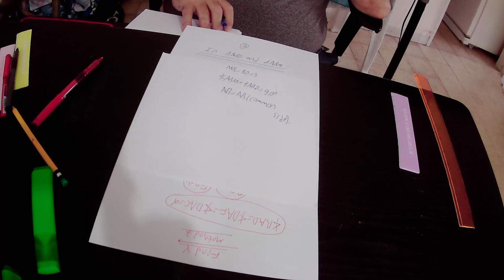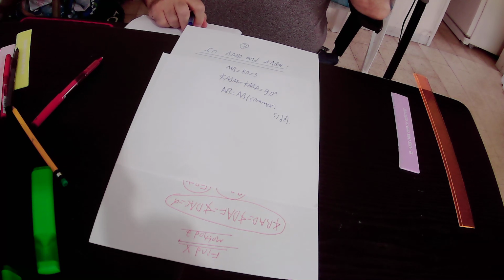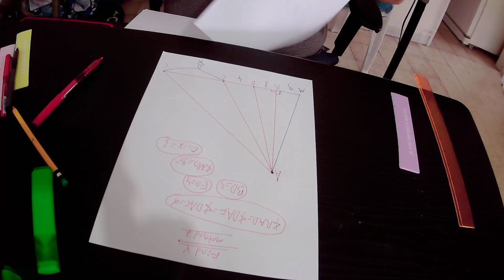So we actually proved the right triangle ABD can go into the right triangle ABM according to the side angle side rule. So I'll write it down.